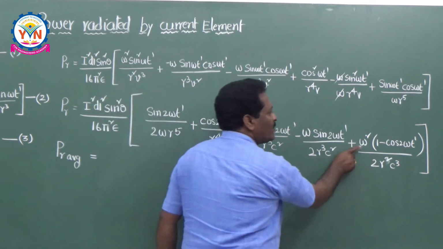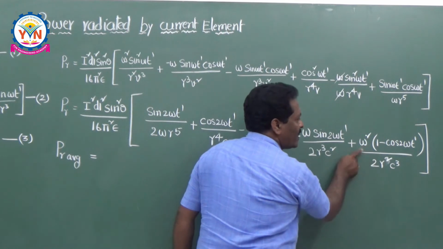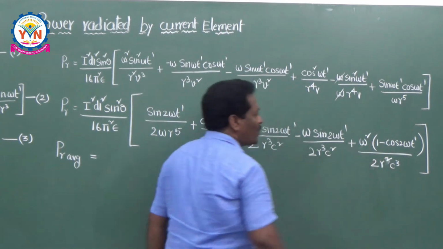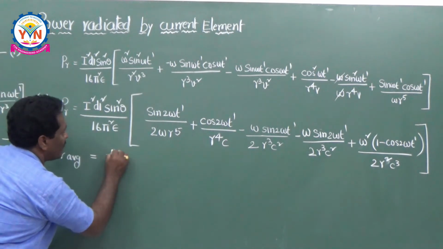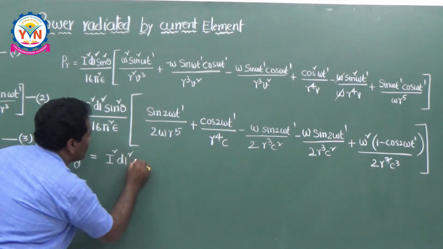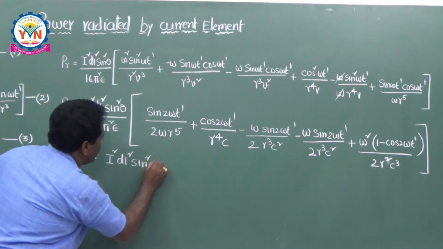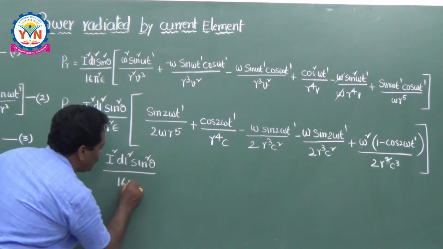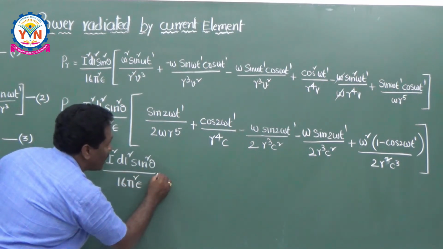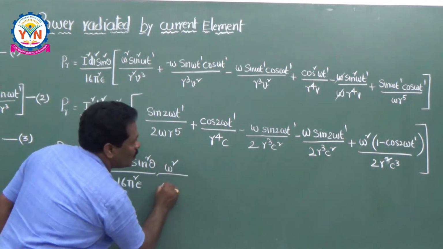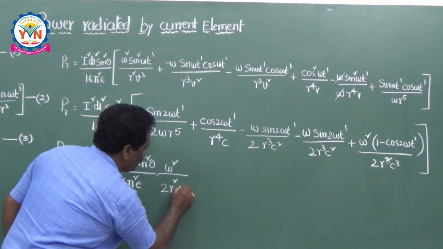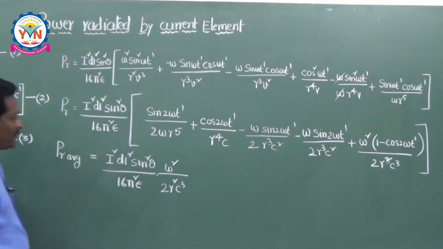The only one term that is remaining is omega square divided by 2r square into c cube. So the average power is equal to I square dl square sin square theta divided by 16 pi square into epsilon multiplied by that factor, omega square divided by 2r square into c cube. So this is the expression you got.